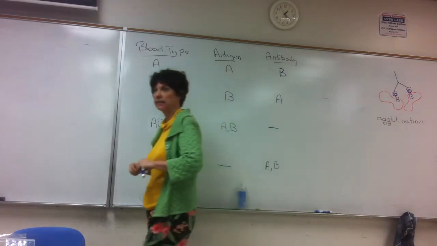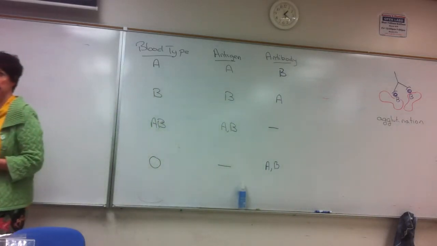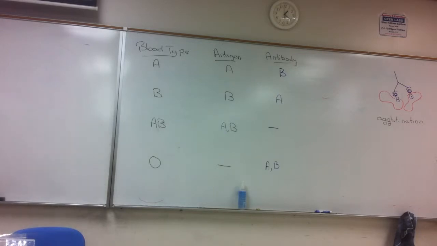This clumping damages the red blood cells. It blocks blood vessels. It can cause the red blood cells to rupture. This causes a high fever, and it can result in death. It's known as a transfusion reaction. So you never want to give or accept the wrong blood type.